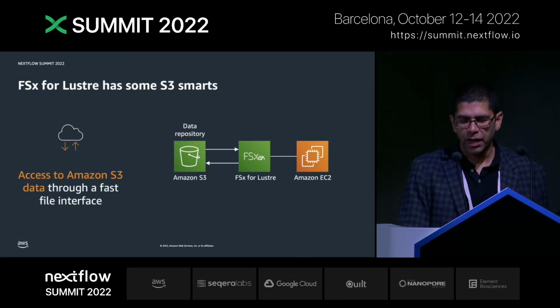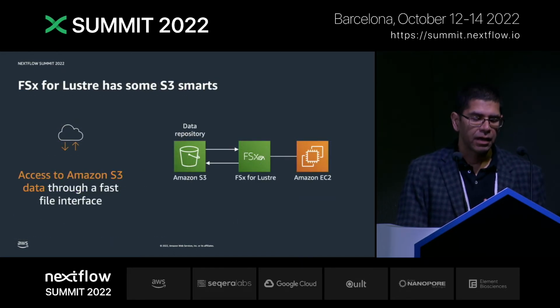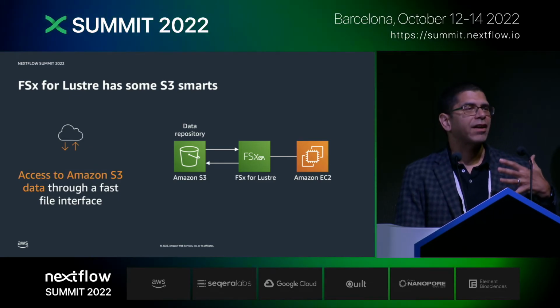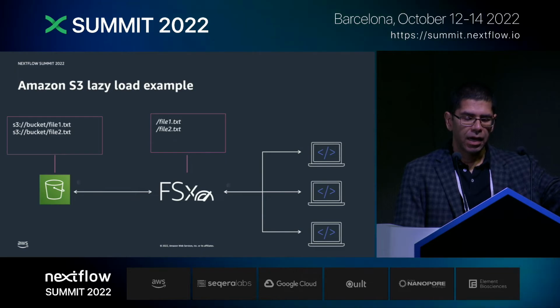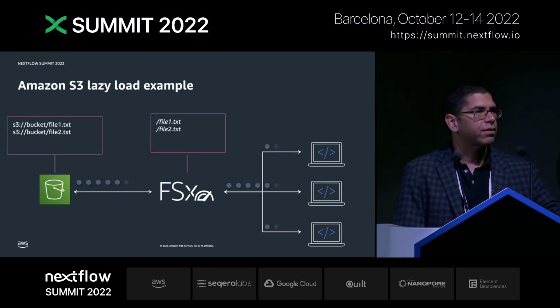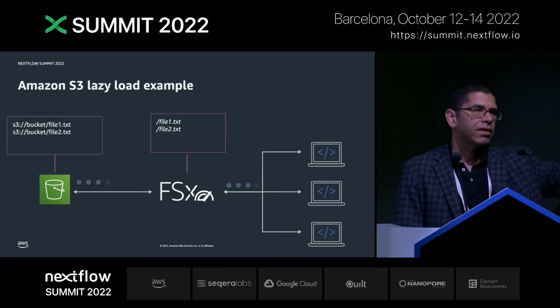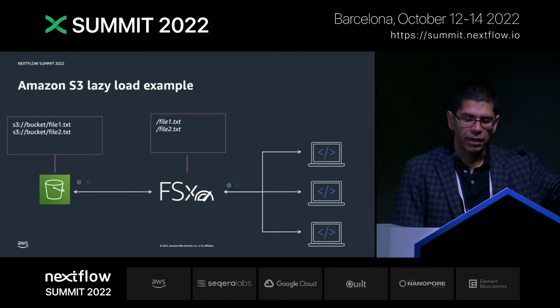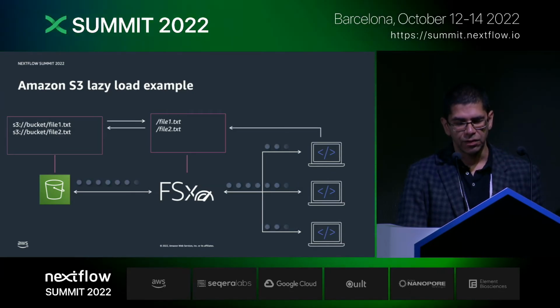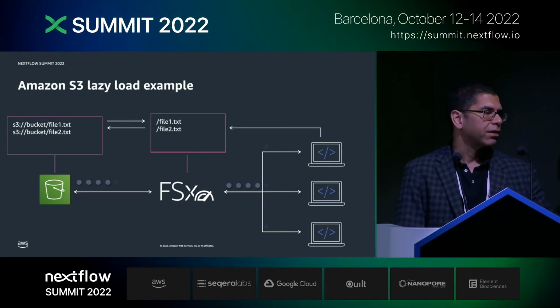Why you might want to use Lustre over anything else, especially OpenZFS, is this intelligent tiering and caching of data from S3. For instance, when you create an FSx for Lustre file system, you can say, use this S3 bucket as the source for the data. It will create a metadata file that has pointers for those files, and as soon as you start accessing it, those files become real, right?